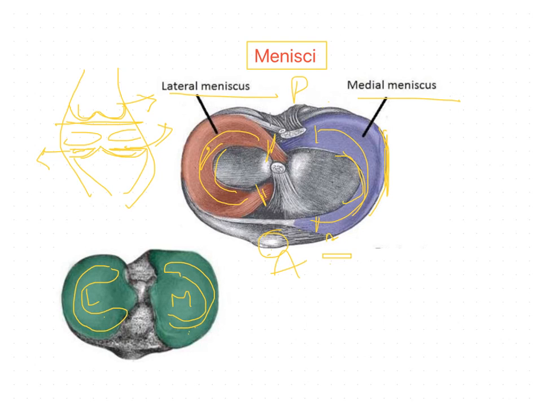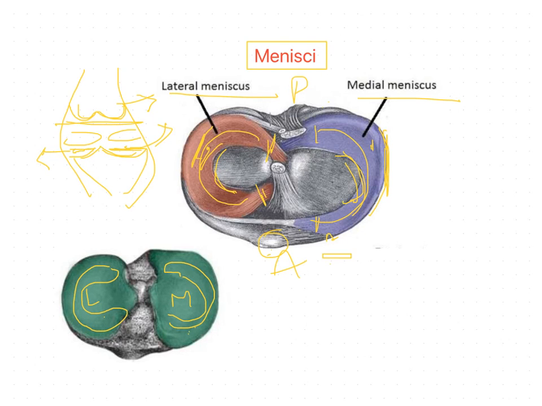The peripheral thick part is vascular. The inner part is avascular and is nourished by the synovial fluid.